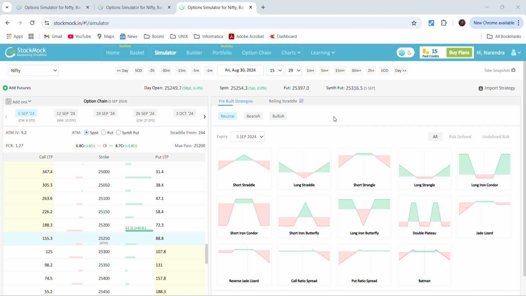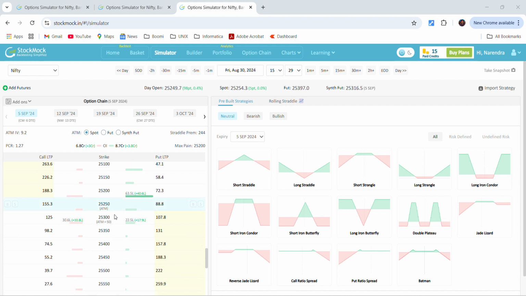Again I'm repeating, when we feel that market is neutral and it may not make much bigger moves on either side, we use this short strangle. This is a two-leg strategy, so we will be selling these two legs. Which strikes to select completely depends upon how much risk we are ready to take.